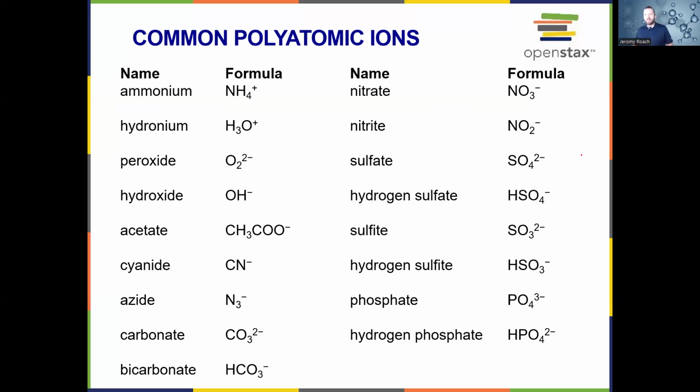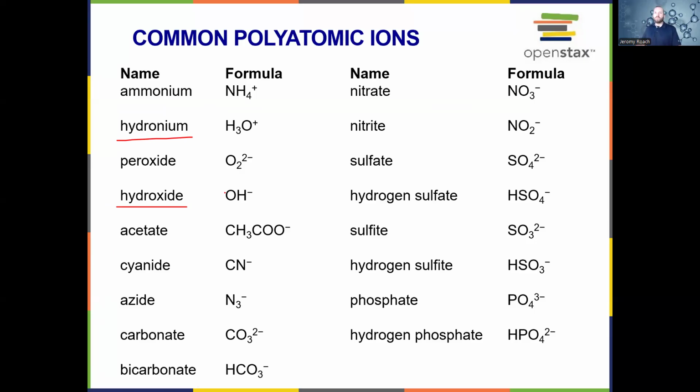These are some common polyatomic ions. You don't have to memorize these, but if you choose to continue taking chemistry courses, it might be in your best interest to memorize the names of these polyatomic ions. Hydronium is something that you will need to know for when we get into acids and bases. Also, hydroxide, those both have to do with acid-base reactions.